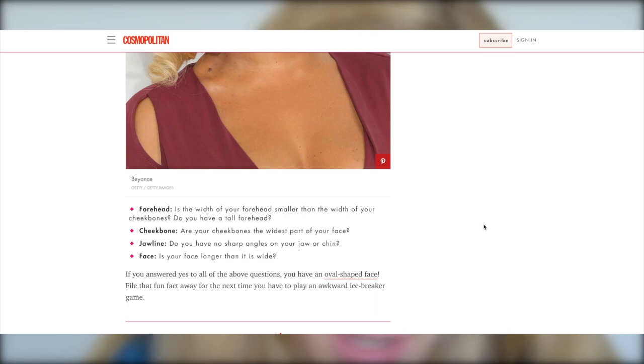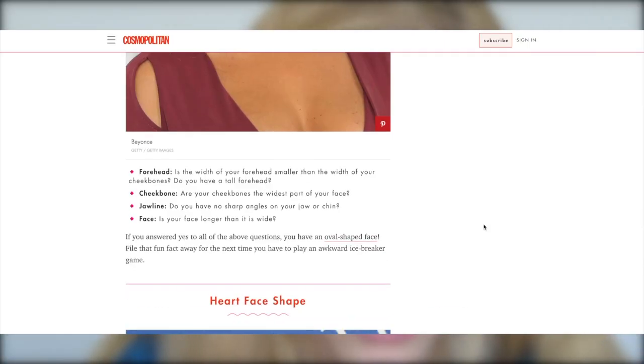I have a little bit of jawline, but it's not like it's super strong or anything, so I guess yes. Is your face longer than it is wide? Yes, it is. If you answered yes to all of the above questions, you have an oval-shaped face. File that fun fact away for next time you have to play an awkward icebreaker game. We conclude... My face shape is oval!